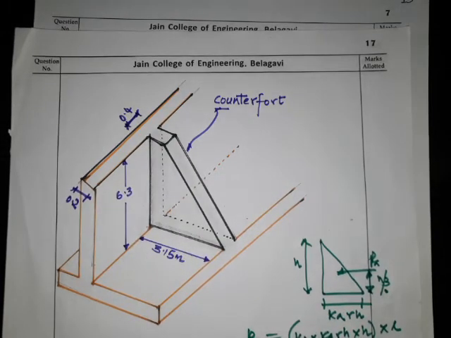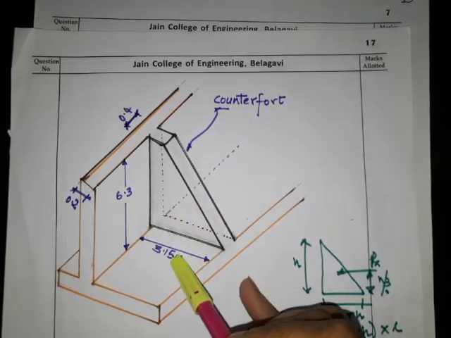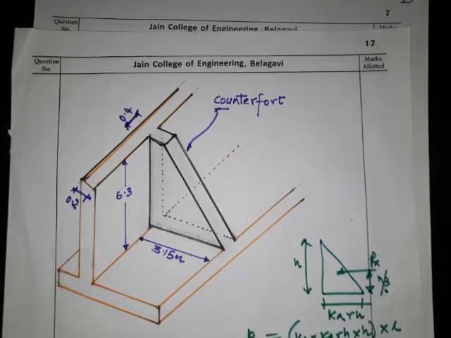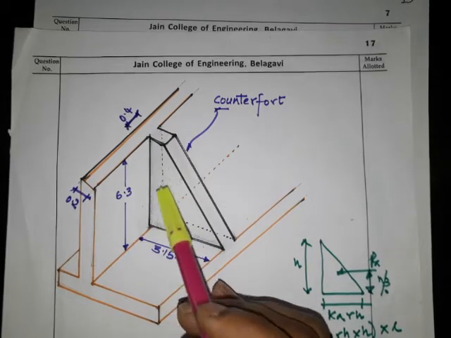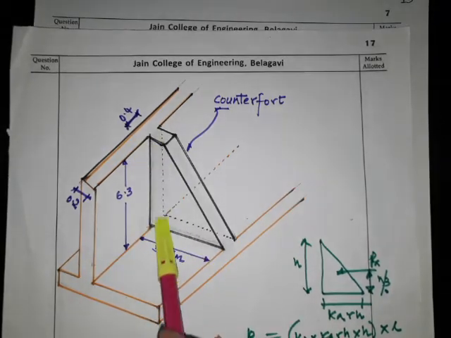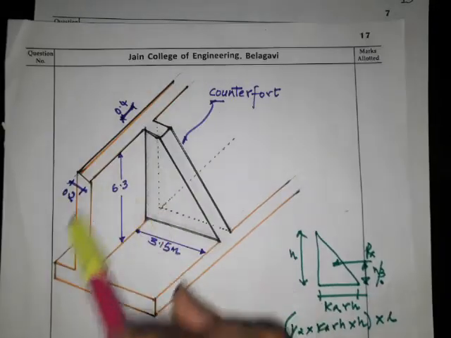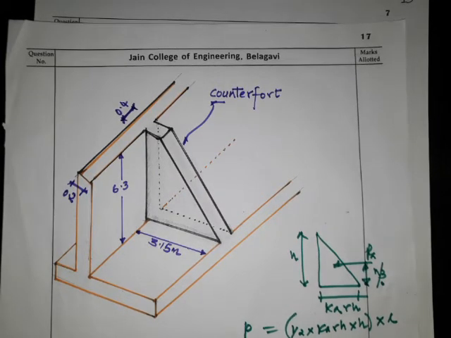If there is no proper connection, it affects the stability of the wall. So you have to give more importance to the connection also, because without connection it will be failure of the retaining wall.